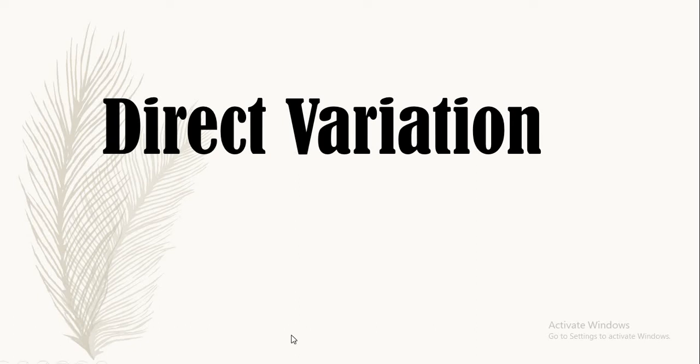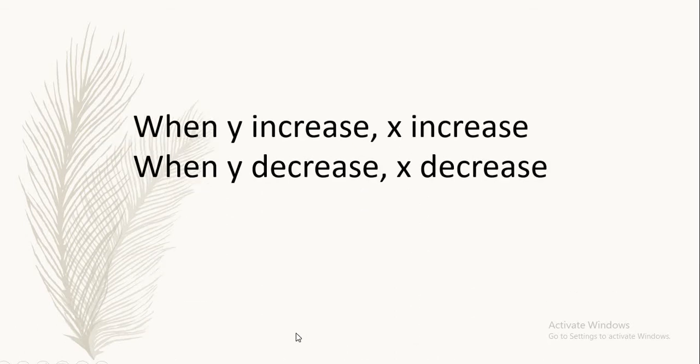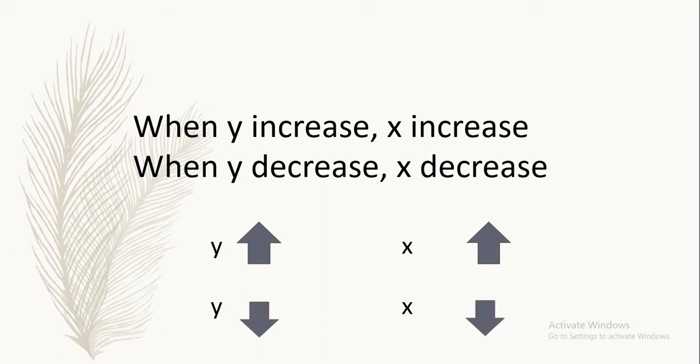Direct variation. Y is equal to kx. In direct variation, quantities may vary directly, that is, as one quantity increases, the other quantity will also increase. And when one quantity decreases, then the other one will also decrease.